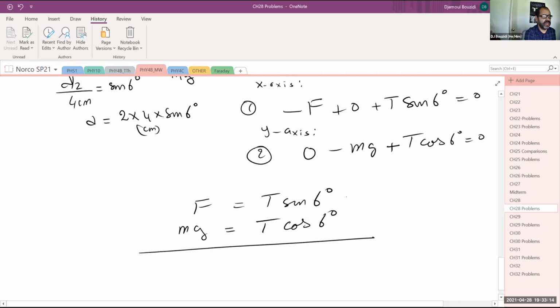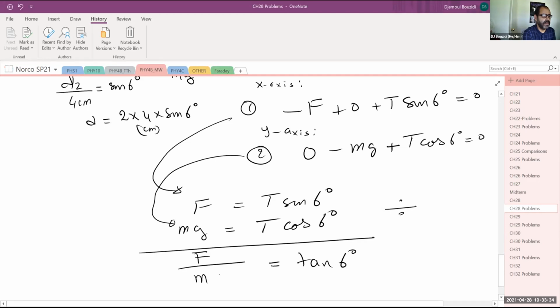This is just equation 1 rewritten, and this is just equation 2 rewritten. If I take the ratio of the two, then I get rid of the T, because I don't know T and I'm not asked to find it, so I don't care for it. So on one side, it's going to be tangent of 6 degrees. On the other side, it's going to be F over mg.